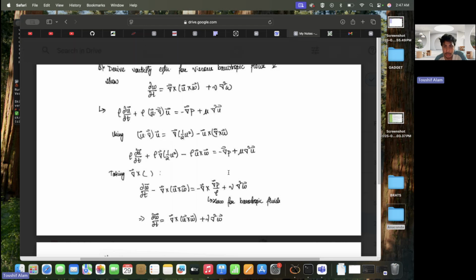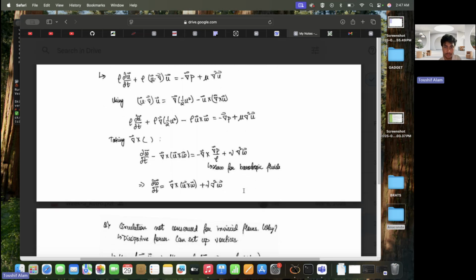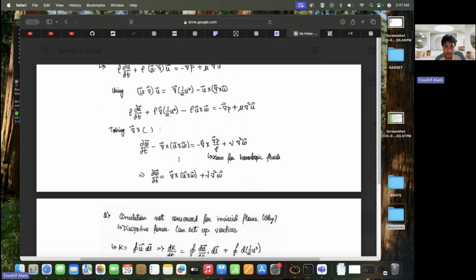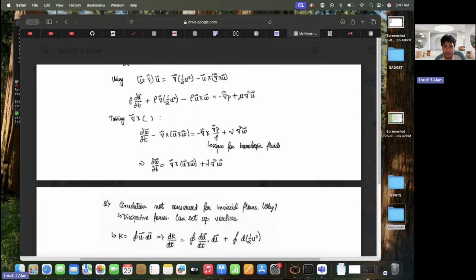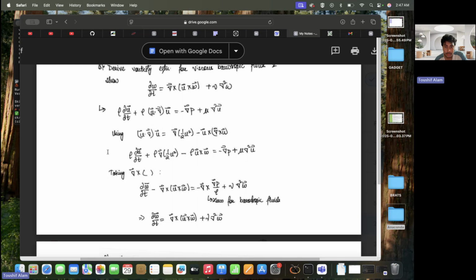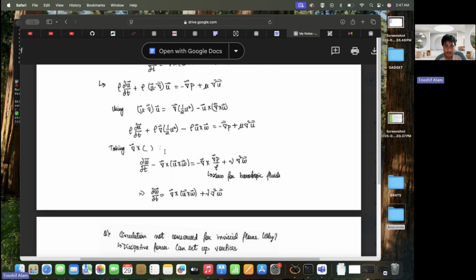This will be grad P by rho because rho will be in the denominator, and this will again be curl of u, that is omega, and mu by rho, that is nu, will come across. For barotropic fluids, del omega del t will be simply this term plus this term, and this term will be 0 for barotropic fluids. So we'll see a similar equation for the vorticity.